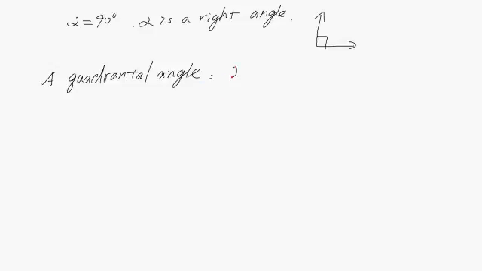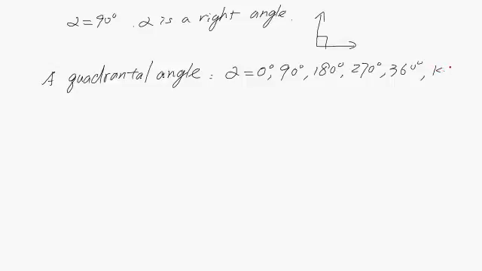So when we have alpha equals 0 degrees, 90 degrees, 180 degrees, 270 degrees, 360 degrees, actually any integral multiple of 90 degrees is called a quadrantal angle.